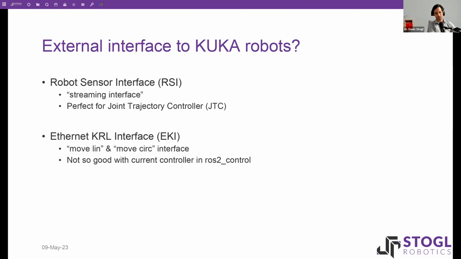So currently, if you want to use it, you will probably not be happy, at least regarding performance. On the other hand, the interface is stable and running. It's less sensitive than the RSI interface, but it's not so performant at the moment.